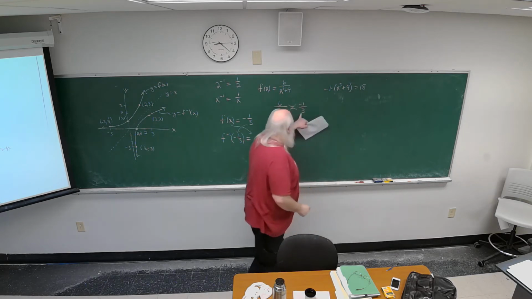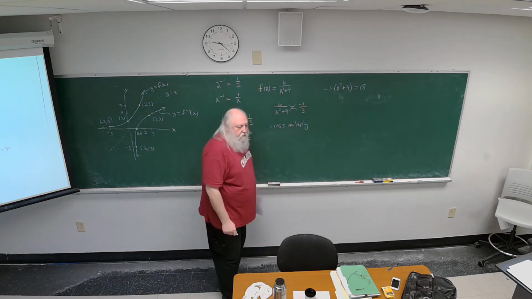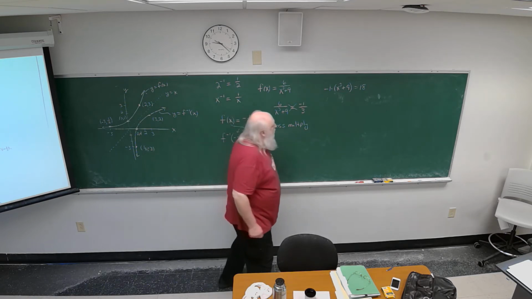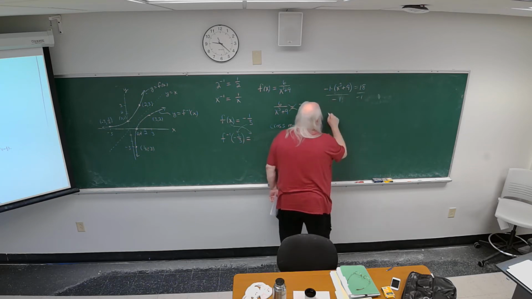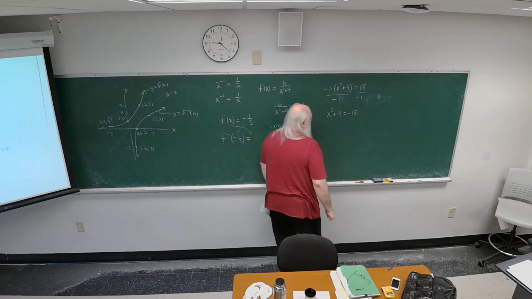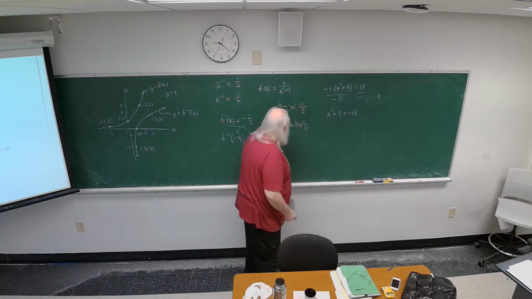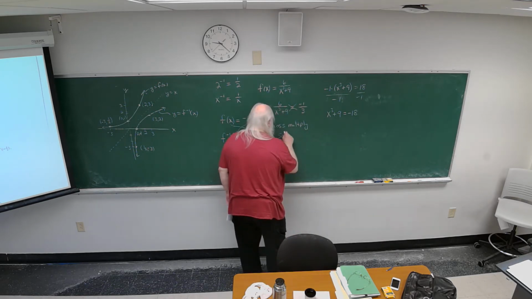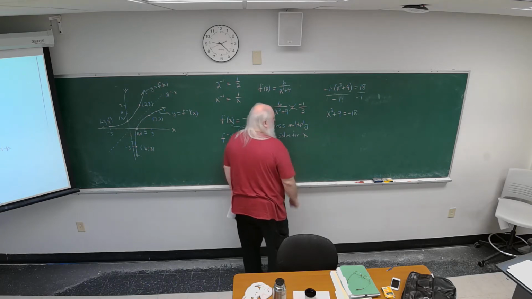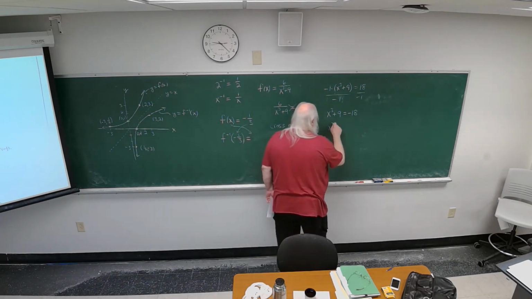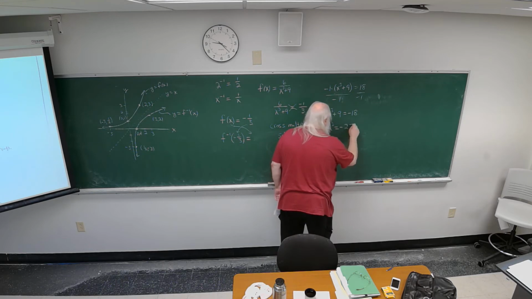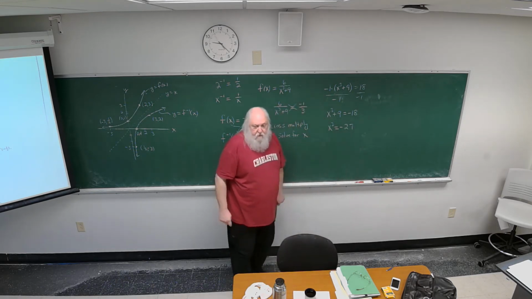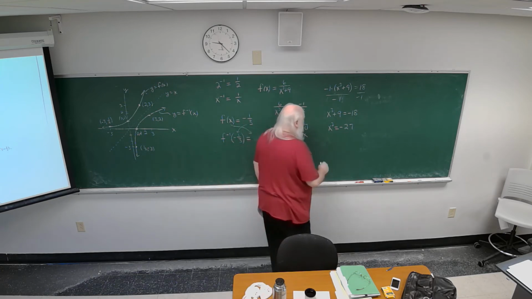I actually probably should put the minus sign in the denominator, but we'll keep it on this one. And now we divide both sides by negative 1, and we have x cubed plus 9 is equal to negative 18. Now we're solving for x. Subtract 9 from both sides, and you get x cubed is equal to minus 27. What then undoes cubing? Cube root. So we take the cube root of both sides.